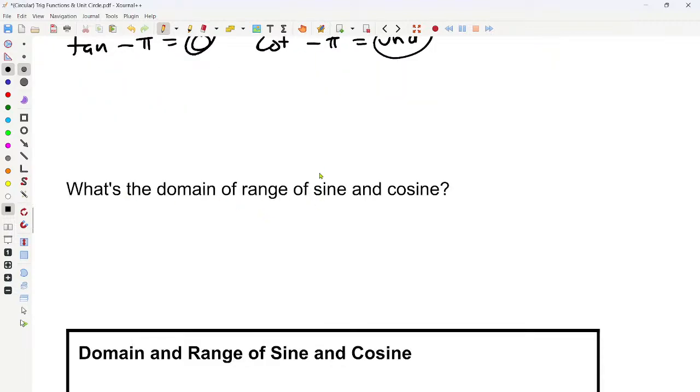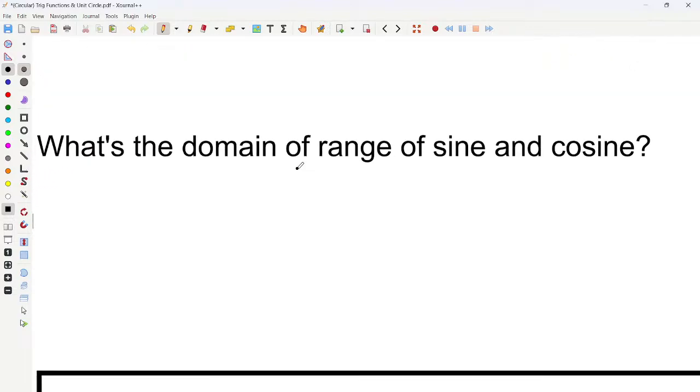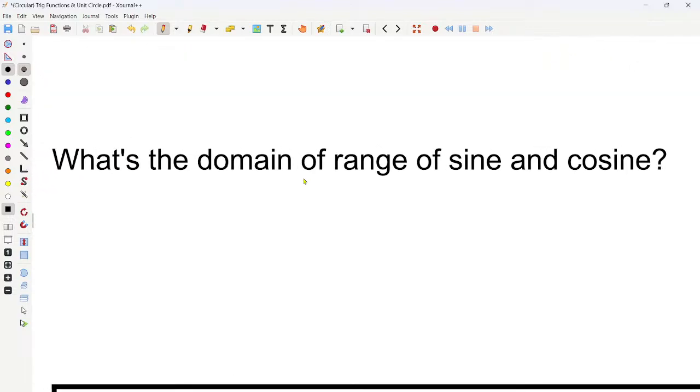What's the domain and range for sine and cosine then? Negative 1 to 1. What are we feeding all trig functions? What did we just give them?